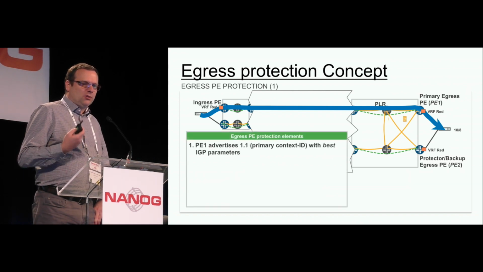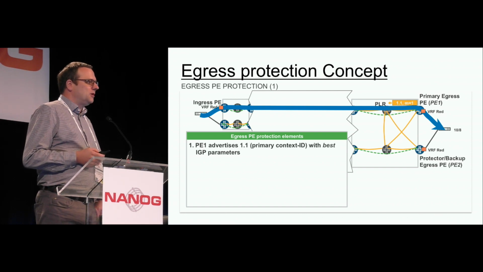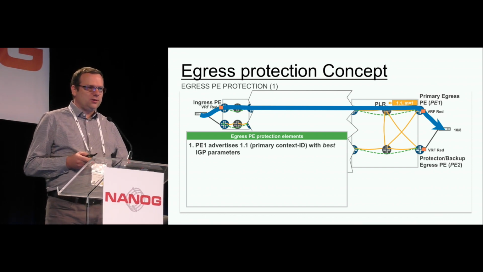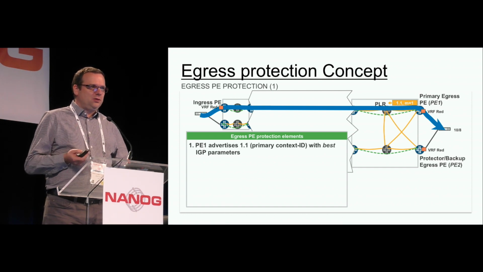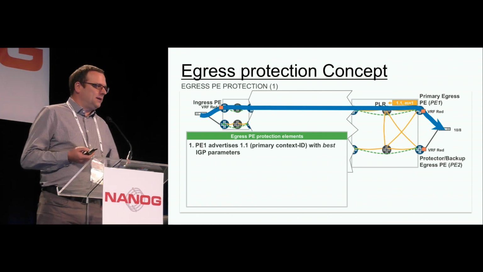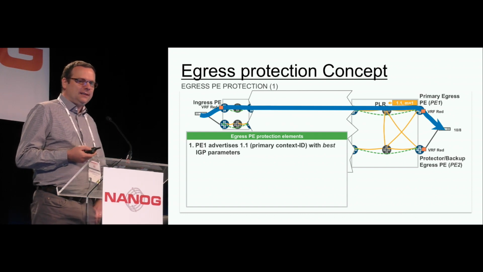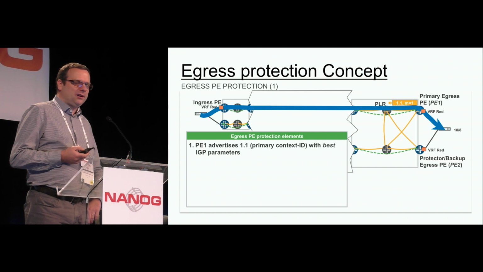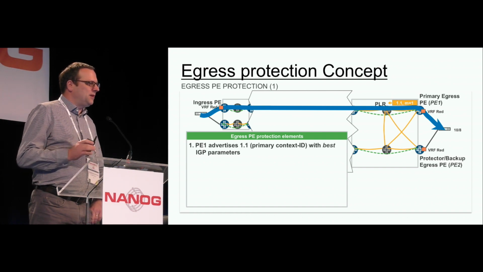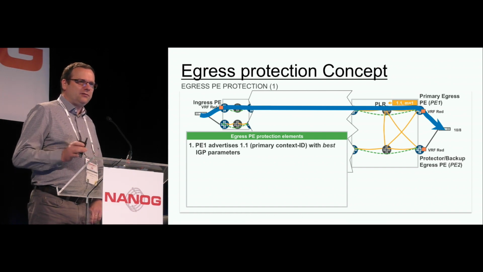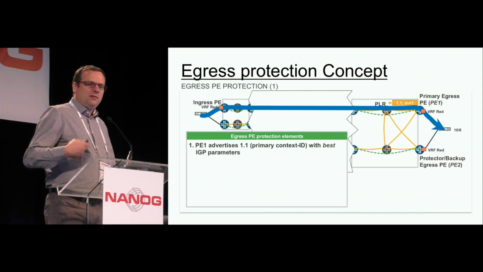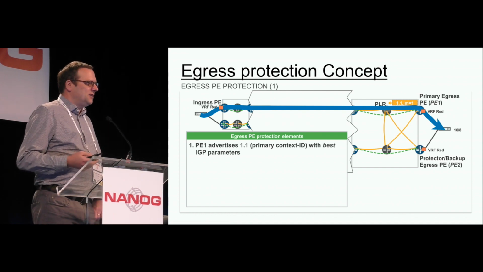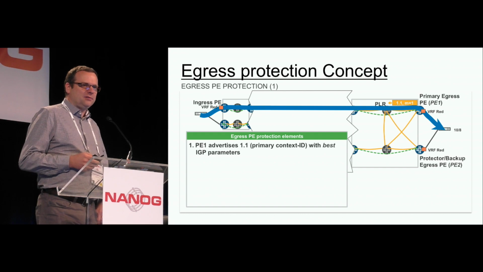All right, now we start to prepare our network for egress protection. As I mentioned, we will use as the next hop in BGP updates the context ID. This context ID is injected into the IGP by the primary egress PE. There are different methods for how we inject this context ID. I will not cover these methods because we do not have enough time. But let's assume that we inject this context ID with very good IGP characteristics.